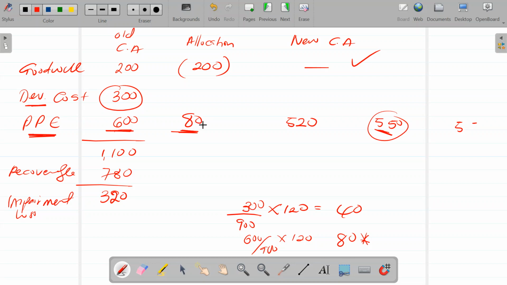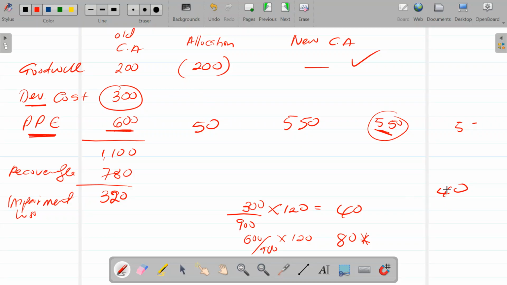We can only allocate 50, instead of 80, so that we'll get 550 here. So the balance will go to the development cost.